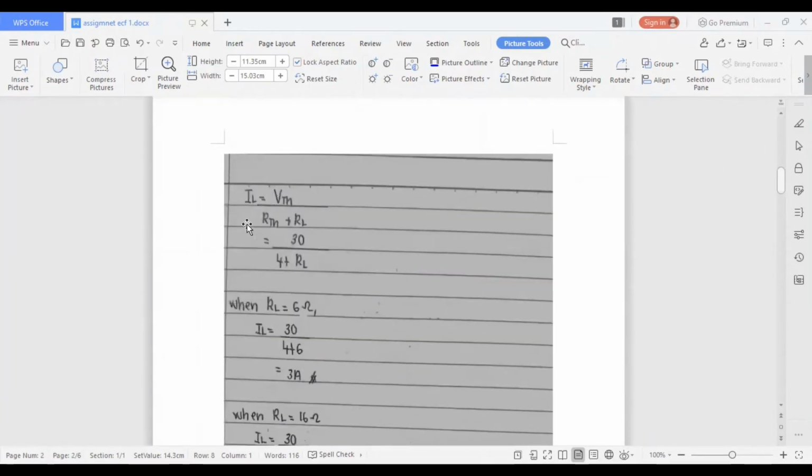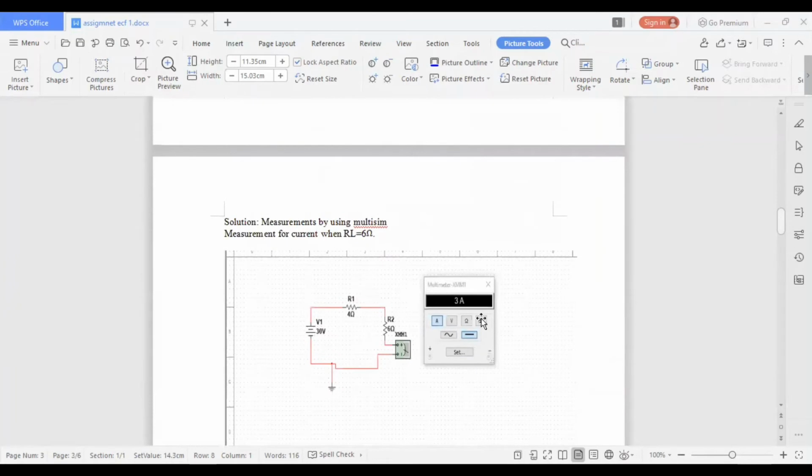For finding the load current, we can use the formula VTH over RTH plus RL. When RL equals 6 ohm, the current we obtain from calculation is 3 ampere. Same for the measurement.